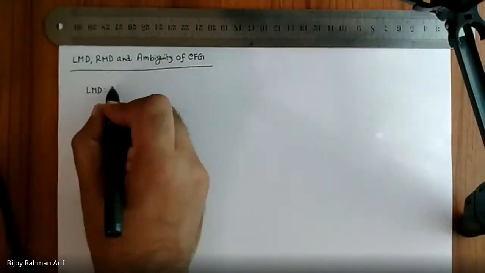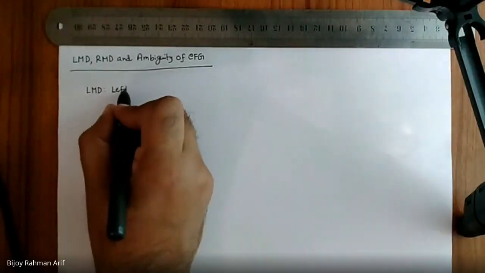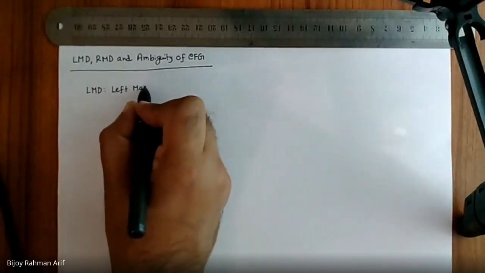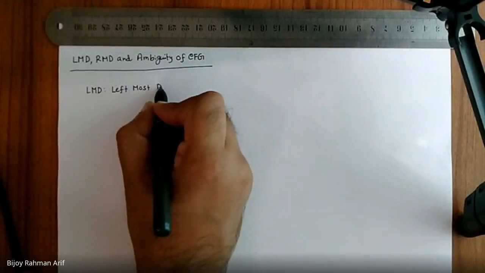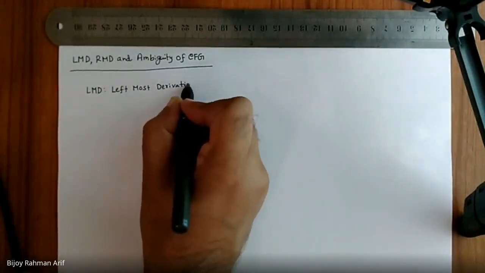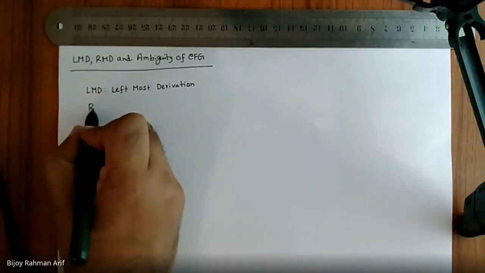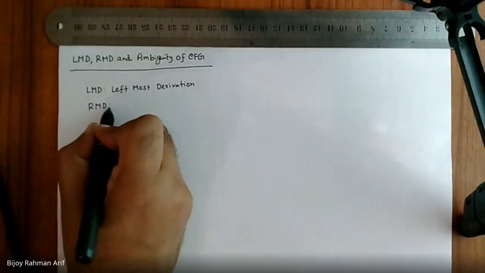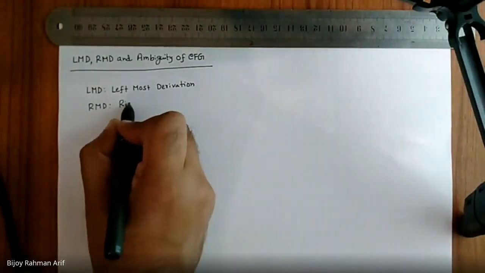Leftmost derivation. Yes, LMD is leftmost derivation. RMD is rightmost derivation.